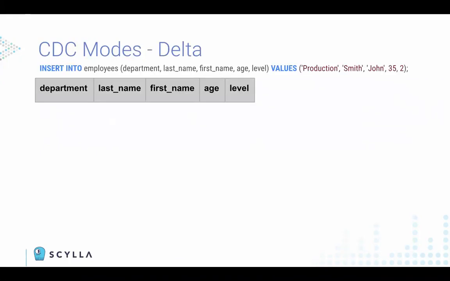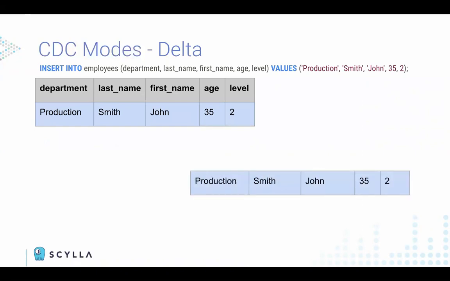So when we talk about the delta, when we have an empty table and we insert a new employee to the table, there's going to be a new row in this table. In this case, the delta is the whole new row because nothing was there before.